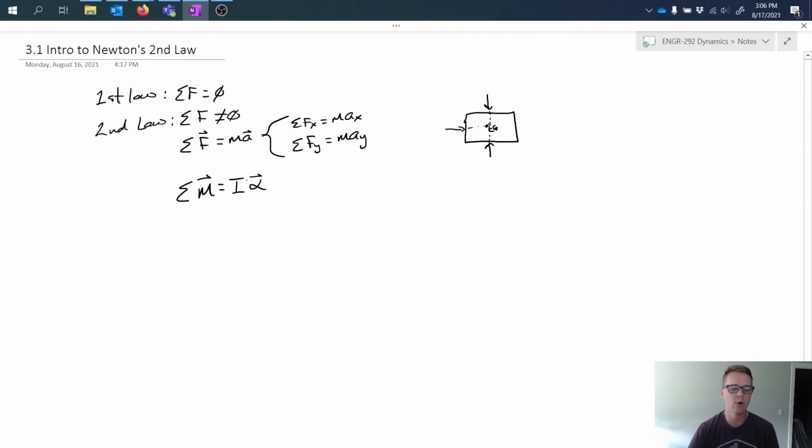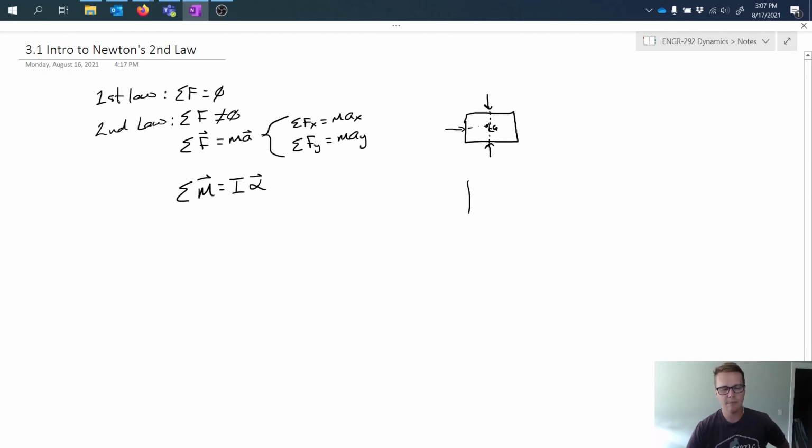I'm only going to be worrying about the summation of forces and how this thing might be moving in space as a result, but not how it's rotating, right? And we're treating this then as a particle. Now, that's a distinction, whether we're talking about a particle or what we might call a rigid body.